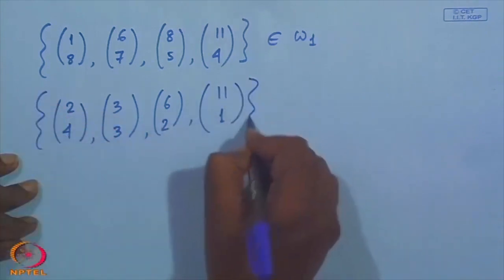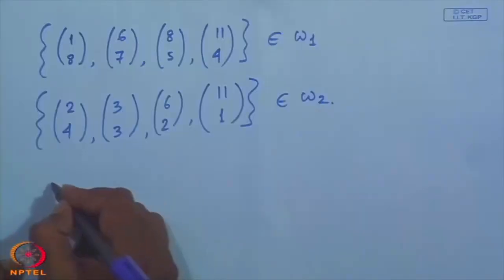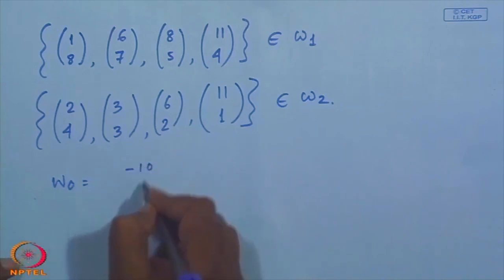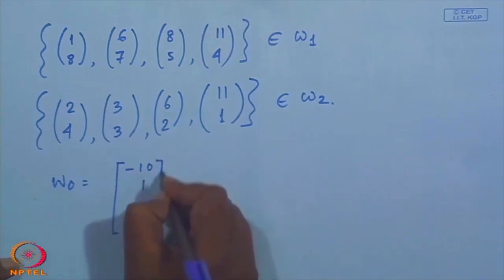These are the feature vectors which are taken from class omega 2. So, I have these 2 sets of feature vectors which are my training vectors to train the classifier. So, it is a supervised learning. And I also assume that the initial weight vector is taken at random. So, I assume that my initial weight vector W 0 is something like say minus 10, 1, 1.